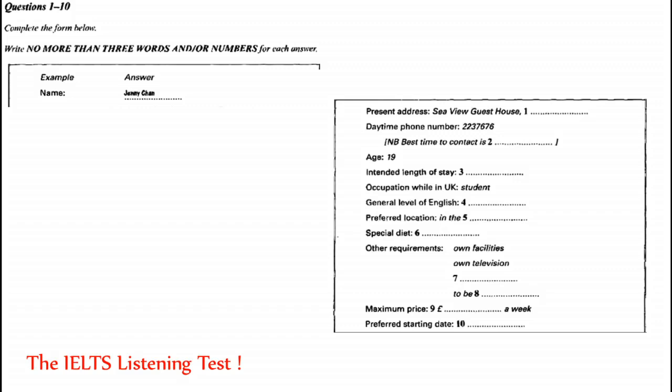Seaview Guest House, 14 Hill Road. Okay. And do you know the phone number there? Yes, I have it here. 2237676. But I'm only there after about 7 p.m. So when would be the best time to catch you?